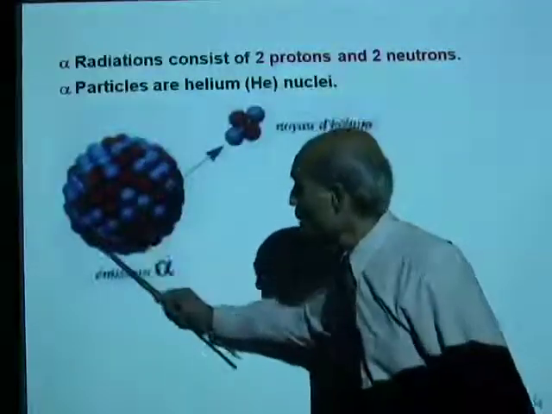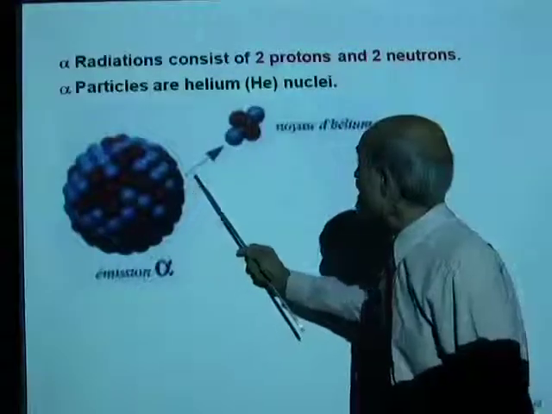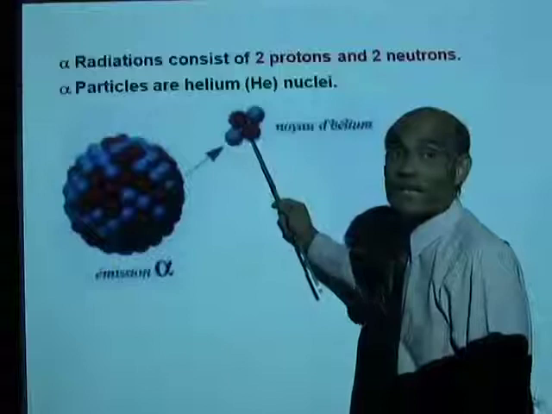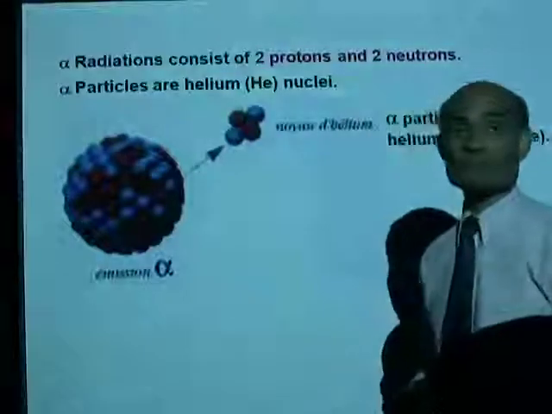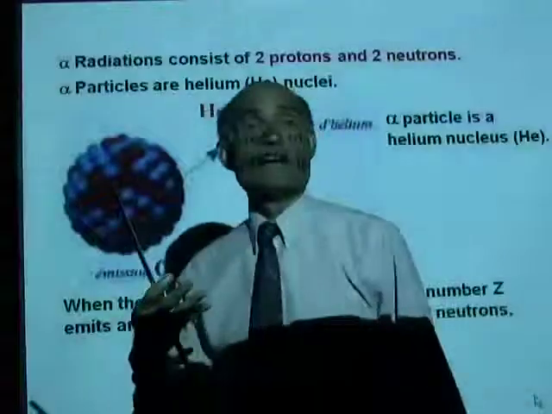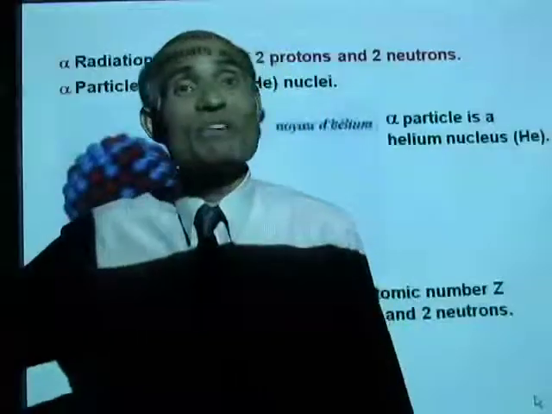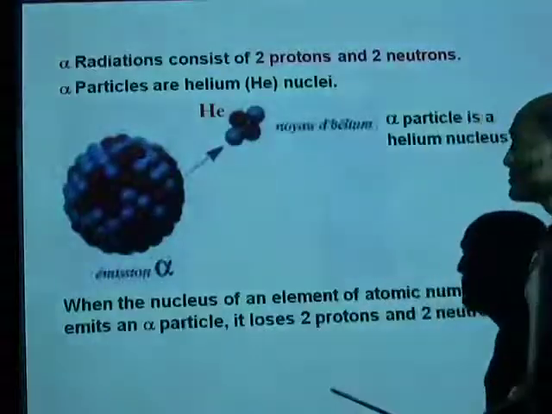So if a radioactive nucleus emits an alpha particle containing 2 protons and 2 neutrons, what is remaining? What is remaining will be the nucleus of a different element with atomic number 2 units less.